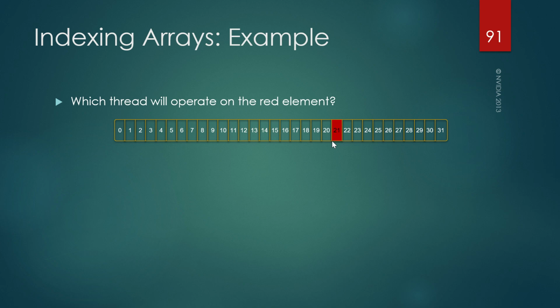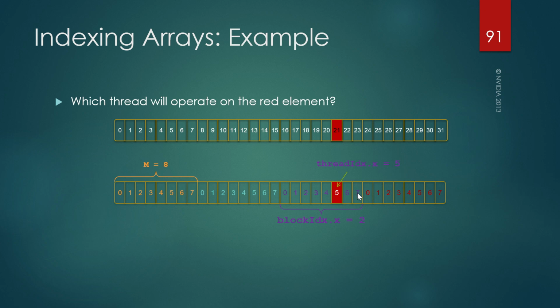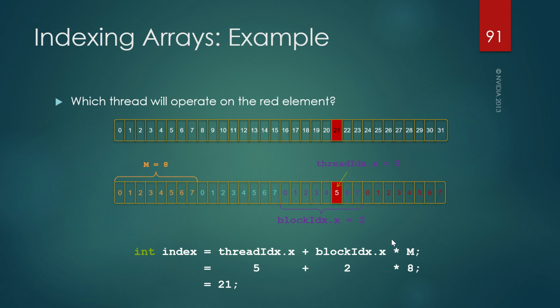So what exactly would 21 be with respect to an index? The compiler will figure it out. Well, it happens to be that it's the thread ID of 5 and the block ID of 2, with this multiplier to do its offset.